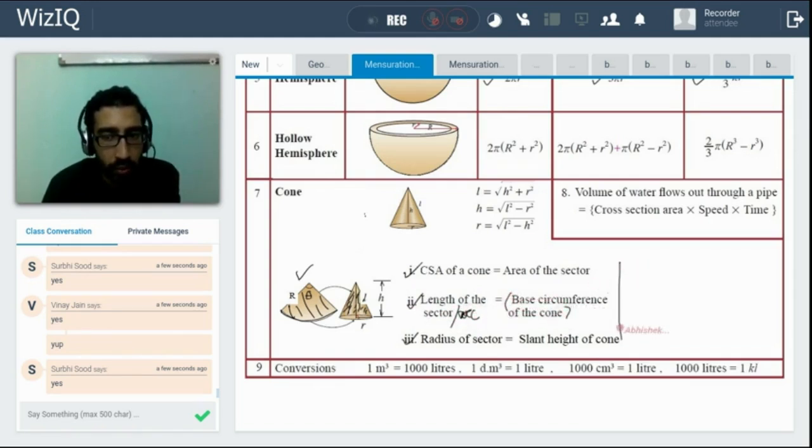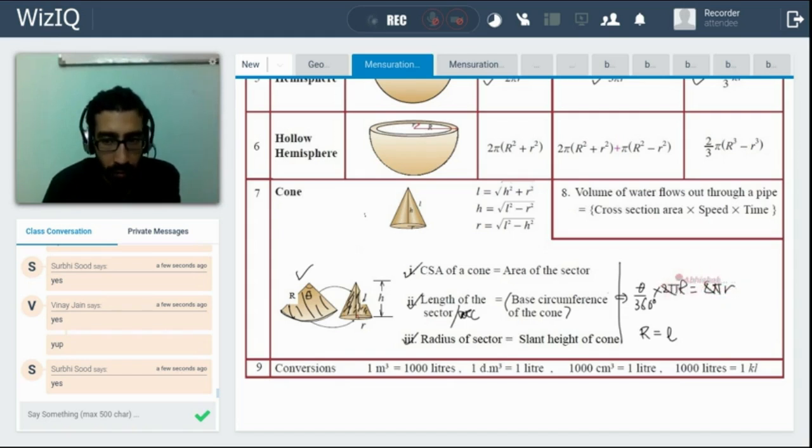So the radius of the sector is capital R, which becomes equal to the slant height of the cone. The length of the arc is theta by 360 into 2 pi capital R, which becomes the base circumference of the cone, which I will take as 2 pi small r.